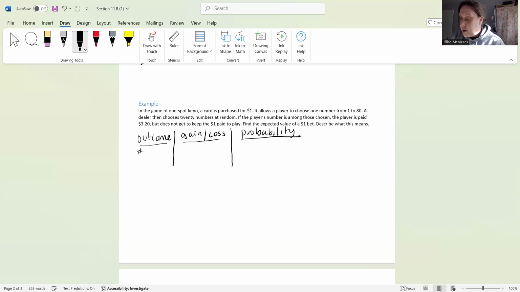So we have number chosen or number not chosen. Those are the two outcomes here, okay? Now, remember, you paid $1 to play. If your number is one of those chosen by the dealer, you win $3.20. But remember, you paid $1 to play, so your gain would be $2.20. Okay. If your number is not chosen, you don't win anything, but you still paid $1 to play, so your loss is $1.